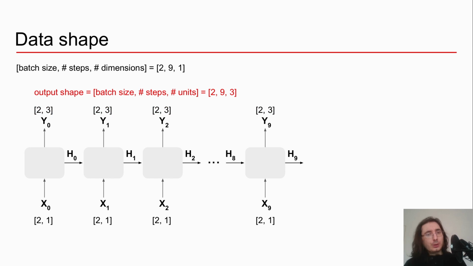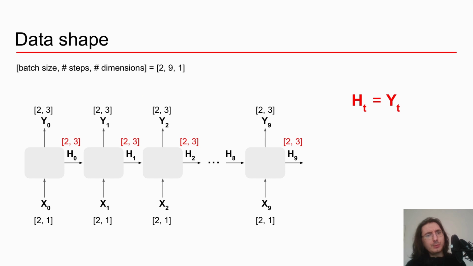Okay, so if we consider the whole output, so y0 up until y9 all together, the output shape is 3-dimensional, right? And so here we have the batch size as the first dimension, the number of steps as the second dimension, and the number of units as the third dimension. And in this case, we have 2, 9, 3. Cool.